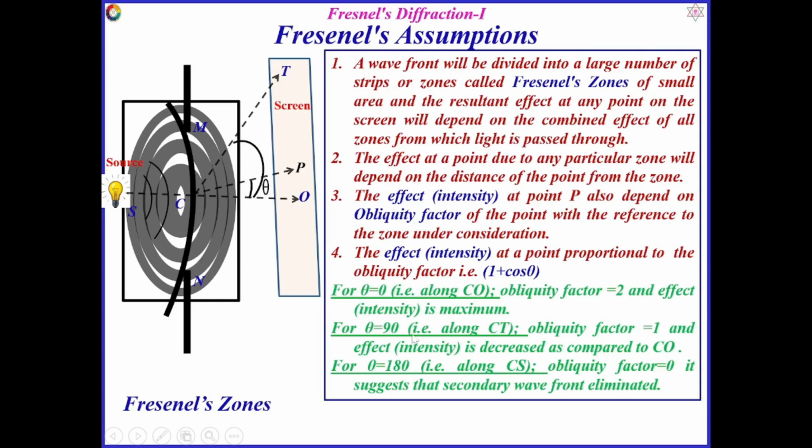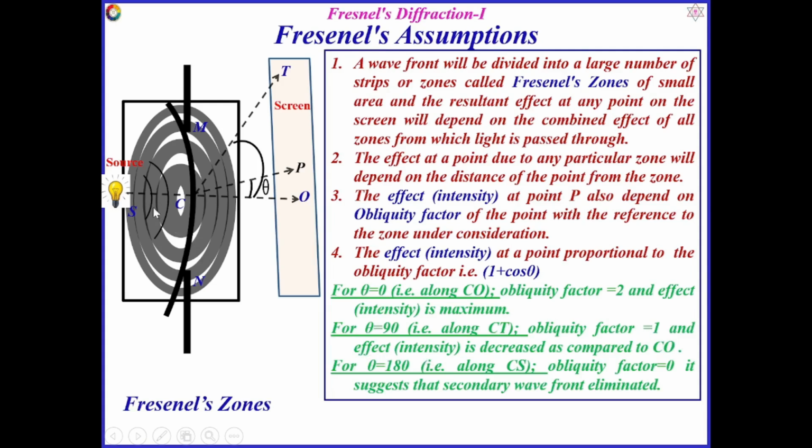Here theta we considered as 90 degrees and cos 90 will be 0, and along CT for this point P corresponding to this zone, the obliquity factor will be 1.